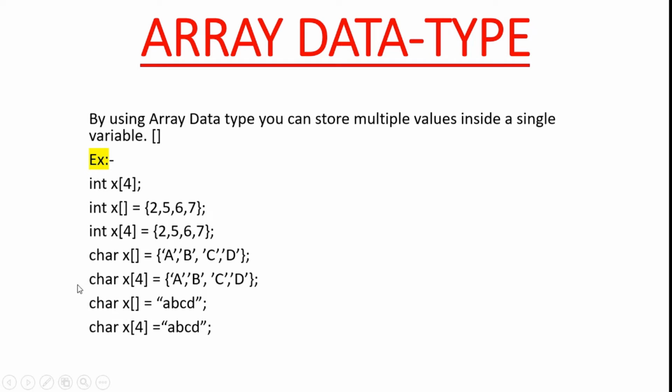So you can also write this program for characters by using double quotation marks and you just mention the value. In my last example, you can see I have mentioned the number of values inside the square bracket and also mention the value or characters inside the double quotation marks on the right hand side. So this is all about examples of the array data type.